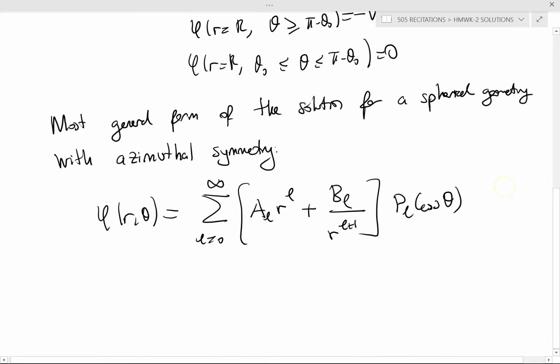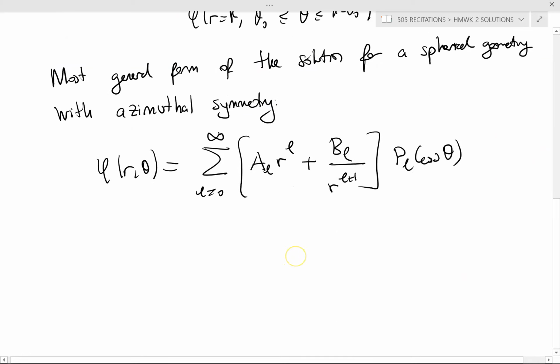Okay. In order to satisfy it, as r goes to 0, it should be going to a finite number if B_L is 0 for all L.